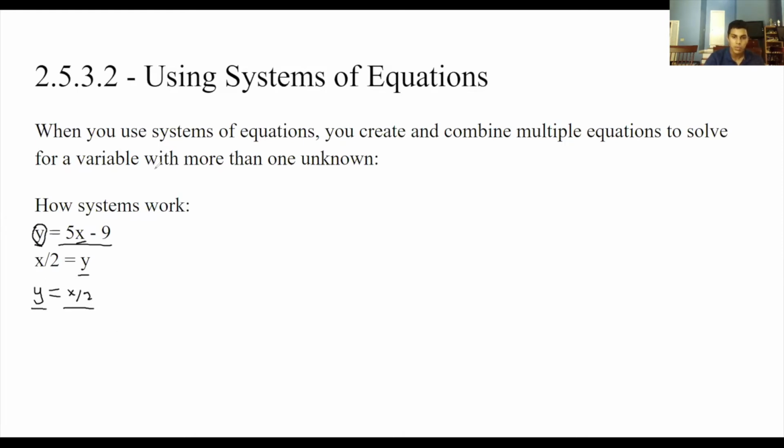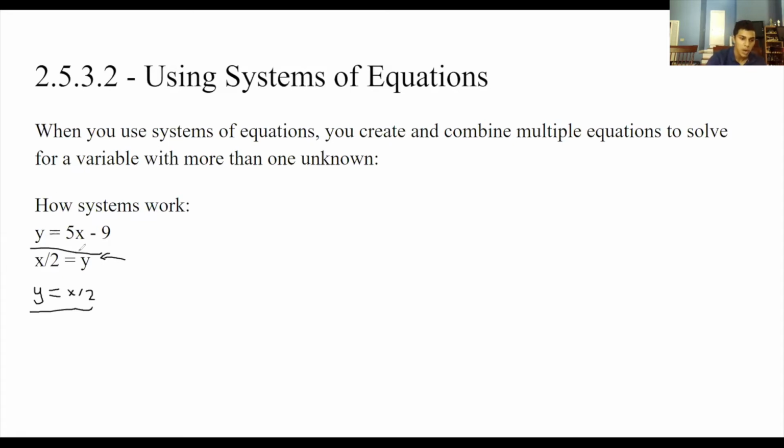Well, why is this important when it comes to multiple equations? Because if you look at both of these equations, and I accidentally just erased part of the second one, let me rewrite that. So if you look at both of these equations, I'm going to have you look at these two because they're more similar. You'll notice that they're both telling you what y is equal to.